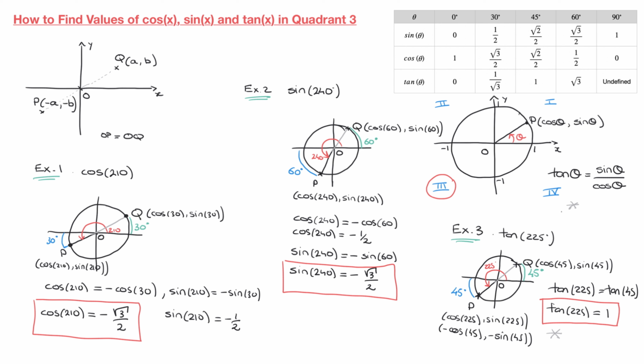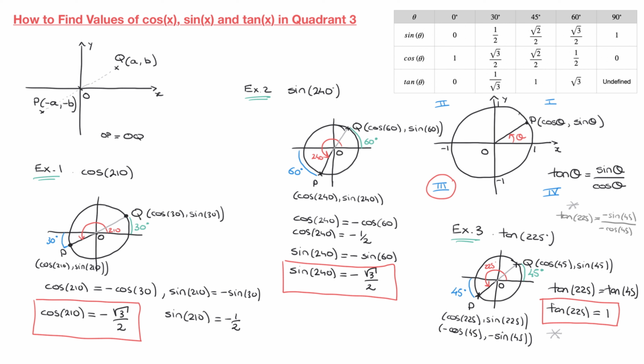And so I could go ahead and write that tan of 225 is equal to sine of 225 divided by cosine of 225, which is the same as negative sine of 45 over negative cosine of 45. And I'll quickly write that. That's negative sine of 45 over negative cosine of 45.